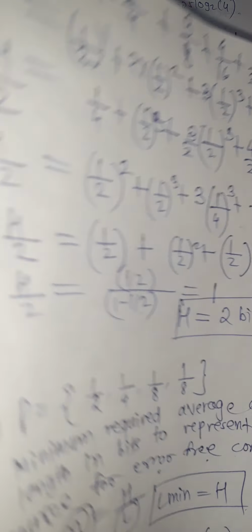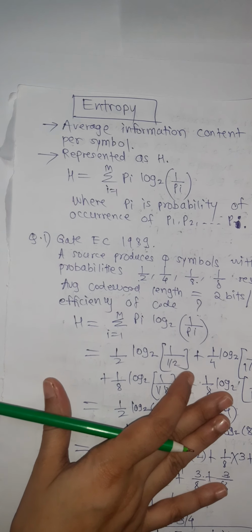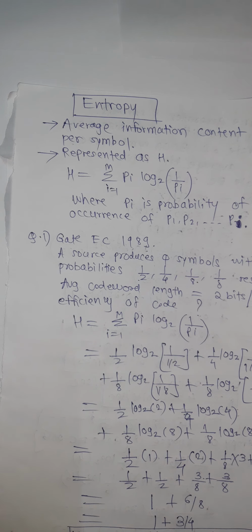So now these are some questions that were asked in previous year GATE exams. I have covered 4 questions here. Again we will revise. Entropy is average information content per symbol. It is represented as H. H is equal to summation i is equal to 1 to m of pi log 2 (1 upon pi), where pi is the probability of occurrence of symbols from p1 to pm.